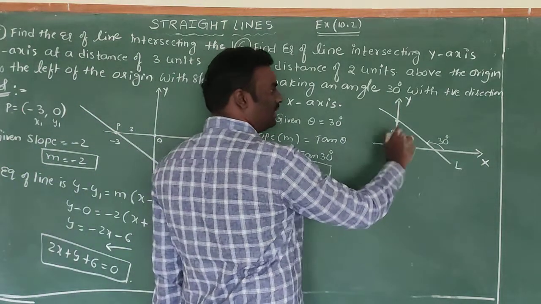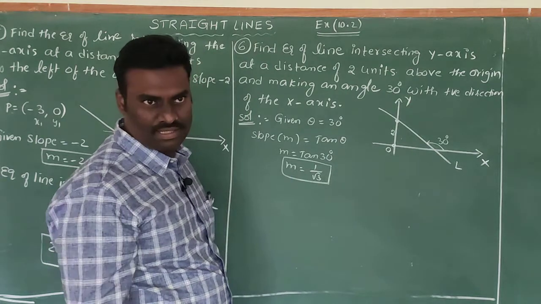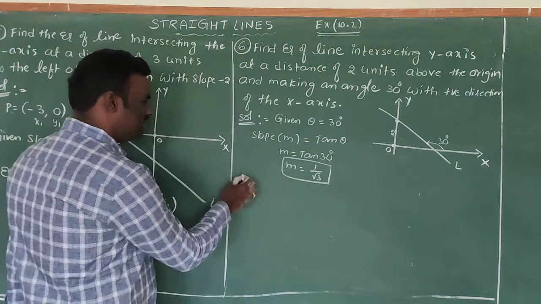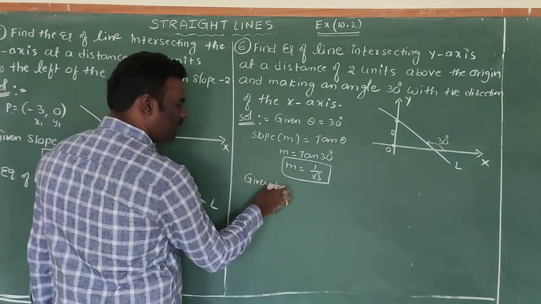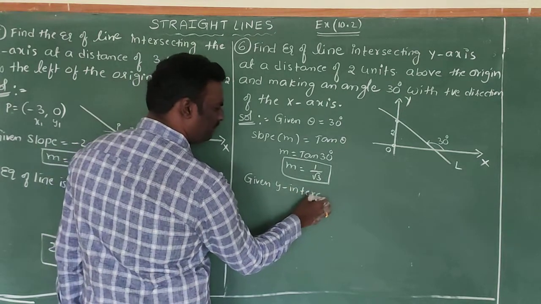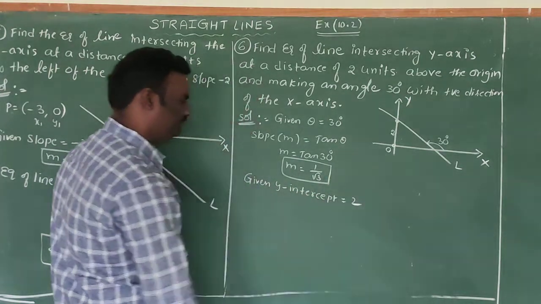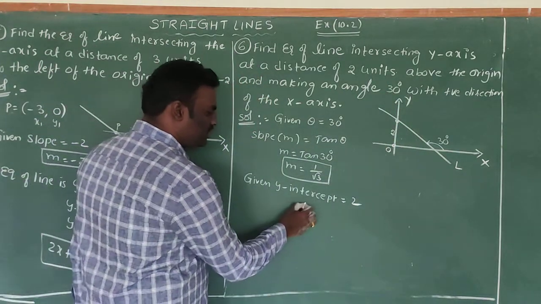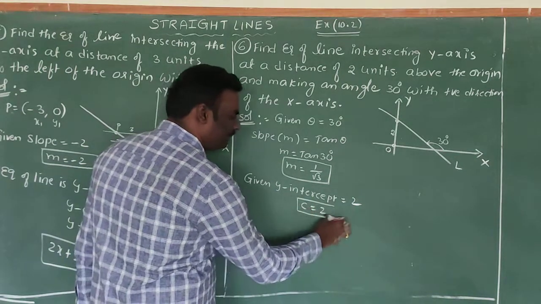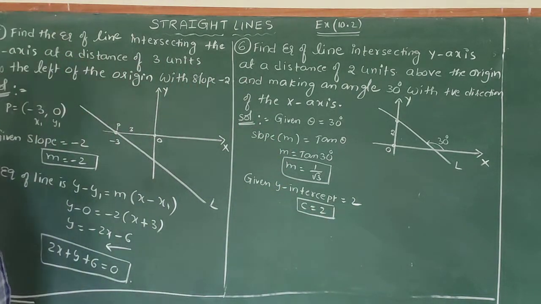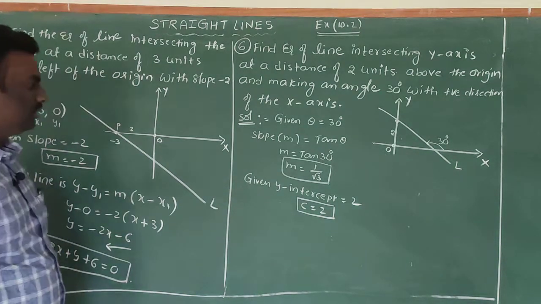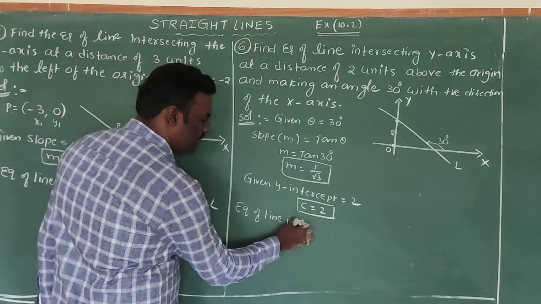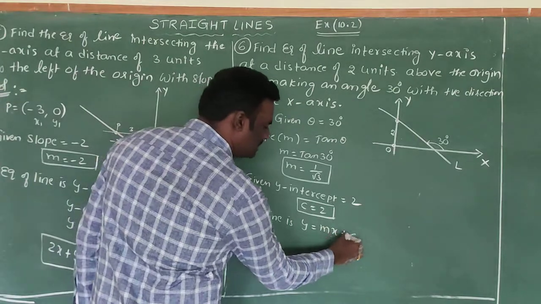See, this line cuts which axis? Y axis. This line cuts y axis means this is which intercept? Y intercept. Given y intercept is equal to 2, because this is intercept on which axis? Y axis. Y intercept is denoted with c. So finally we know m value and c value. Now equation of straight line is y is equal to mx plus c.